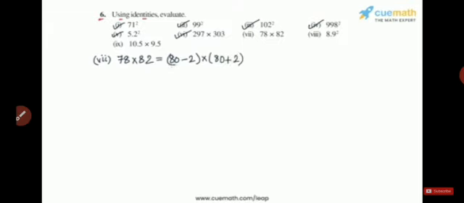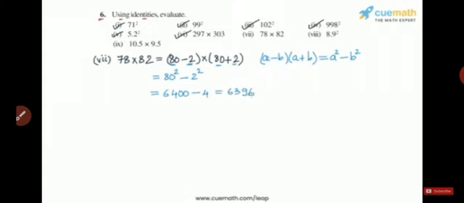Apply the same formula as above, a minus b, a plus b is equal to a square minus b square, and we get 80 square minus 2 square, and this is 6400 minus 4. After subtracting, we get 6396.